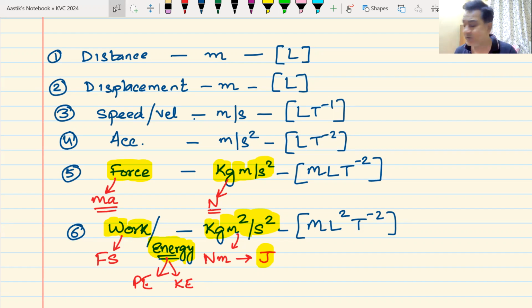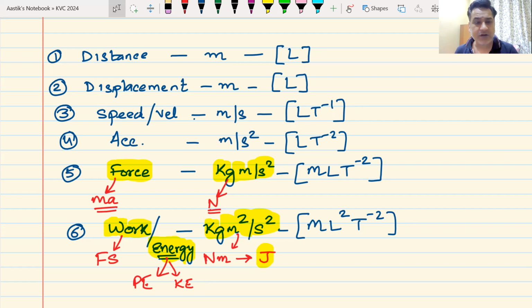We are only going to concentrate on those dimensions and physical quantities which we require very immediately. There is a long list, and I would send you the entire list of all those physical quantities that would be required in the coming 2 years.